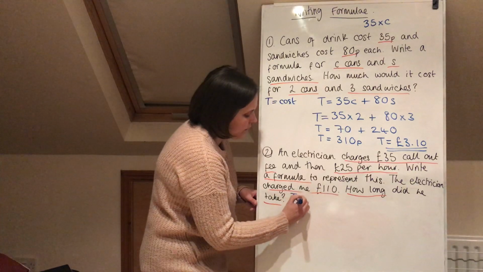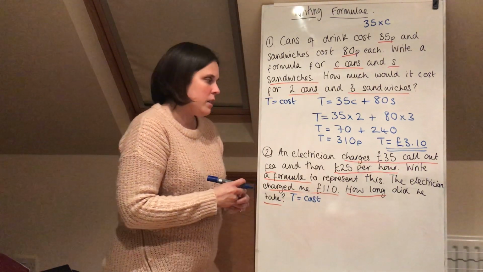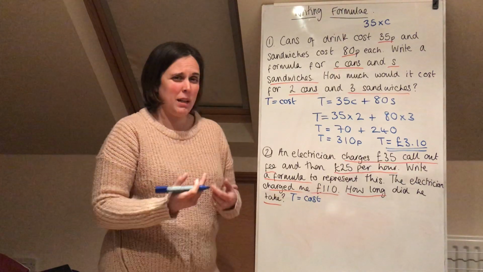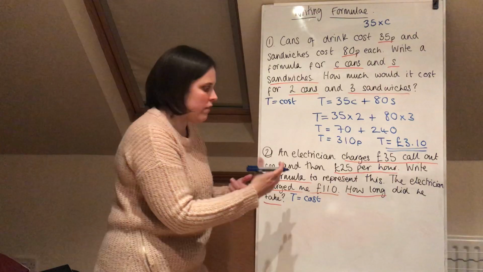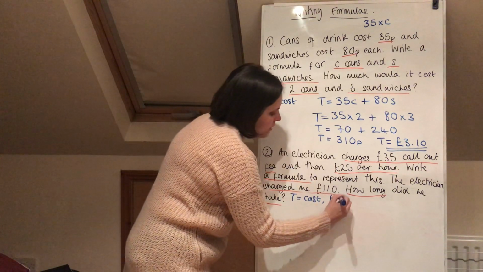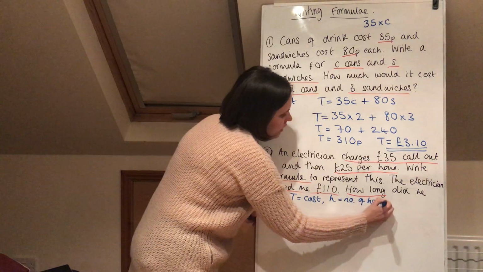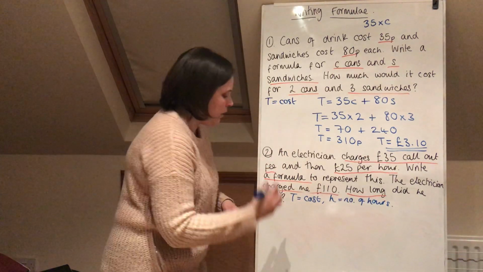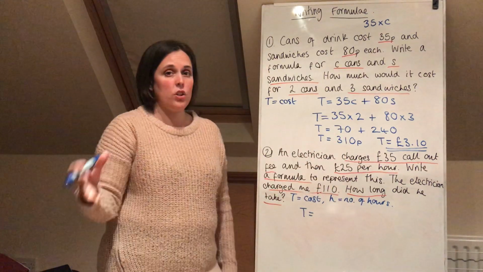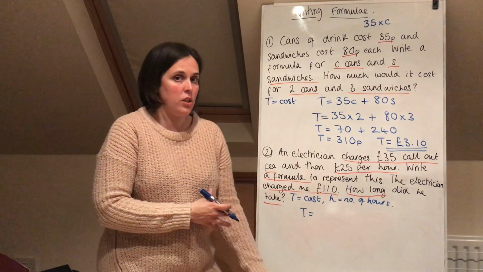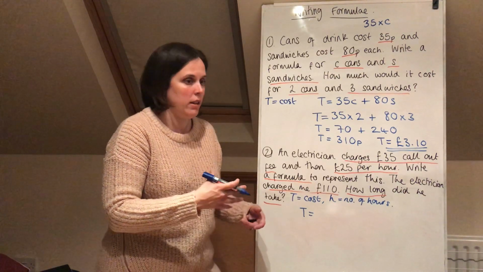So let's have T then for our cost again. And this time the only other letter we're going to need is actually how many hours he's there. If you think about it, it's the only other thing in the question that changes, the only other variable. So we can use H for the number of hours. Okay. So the total cost then, now £35 you're going to get charged anyway, and it's not dependent on anything at all. So we don't need to multiply it by anything, we don't need to do anything with it.